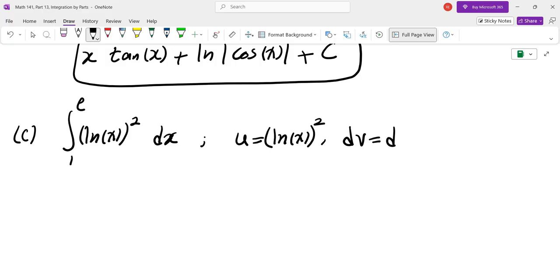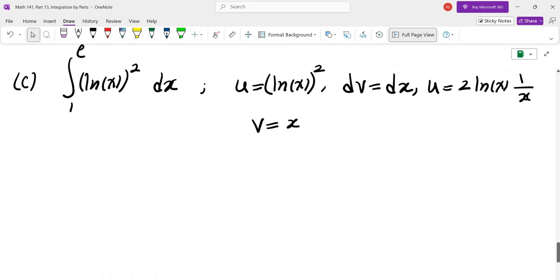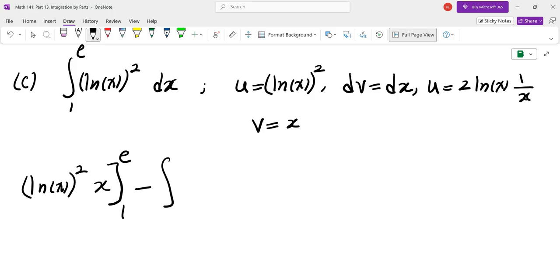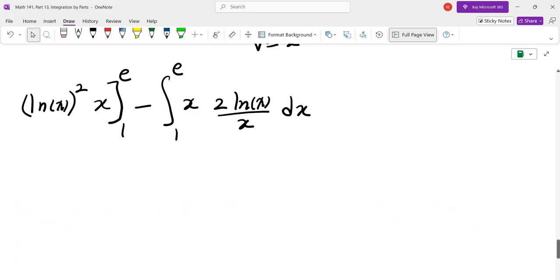So dv would be dx, du becomes 2 natural log of x times 1 over x, and v is going to be x. Well, we can apply integration by parts again. So uv, that's natural log of x squared times x, from 1 to e, minus the integral of v du, which is 2 natural log of x over x dx. And the limits are the same limits. Notice that we're not doing any u substitution. That's why the limits of integration do not change.